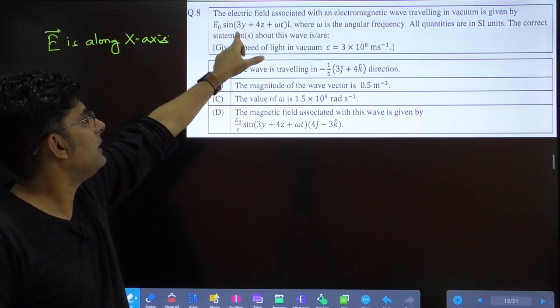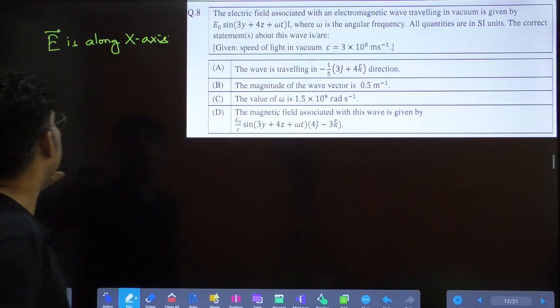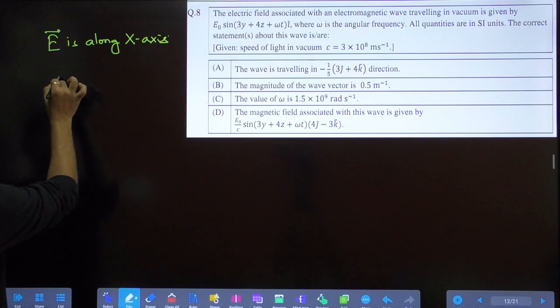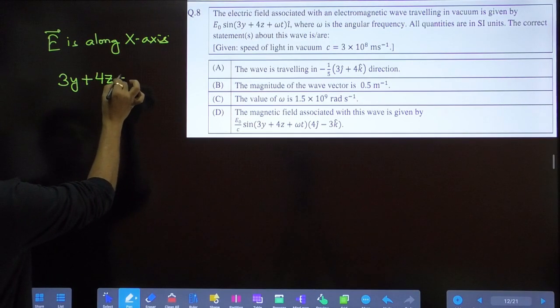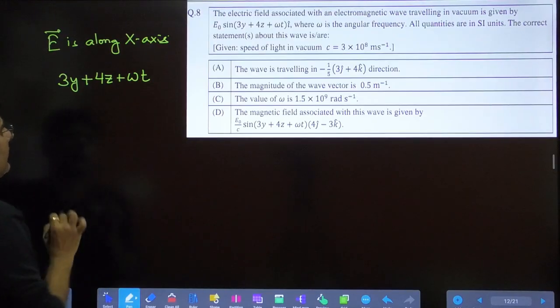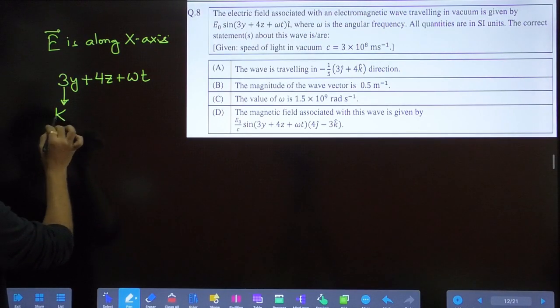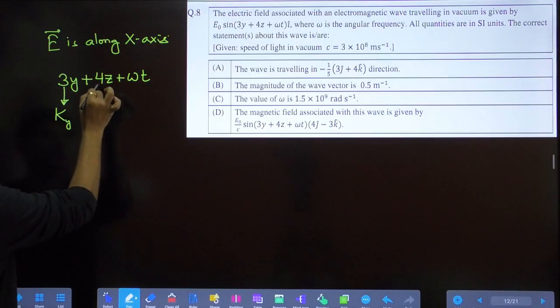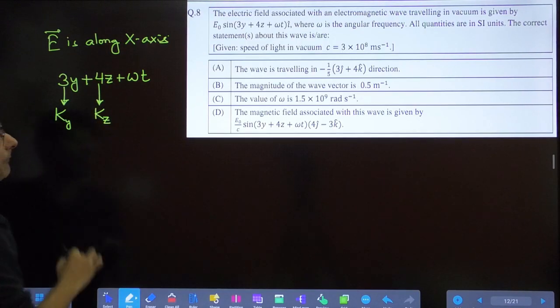But here we have seen terms 3y plus 4z plus omega t. So what we can say over here, that when you have this expression 3y plus 4z plus omega t, this is given as the phase angle. So this denotes the wave vector component along y direction. This one will denote the wave vector component along z direction.